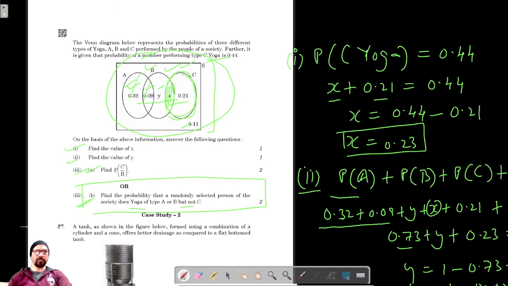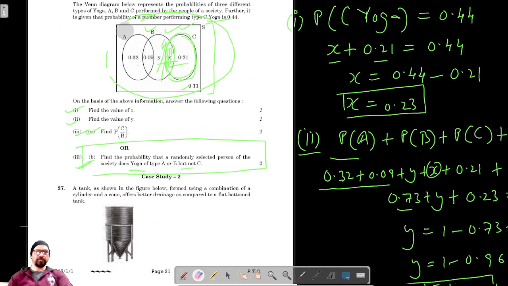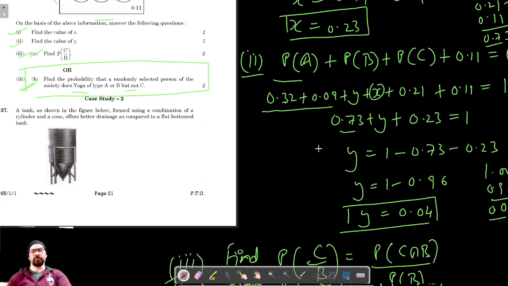So that is 0.32, 0.09 plus y. A or B is till this, and C is not included. So 0.32, 0.09 and y.